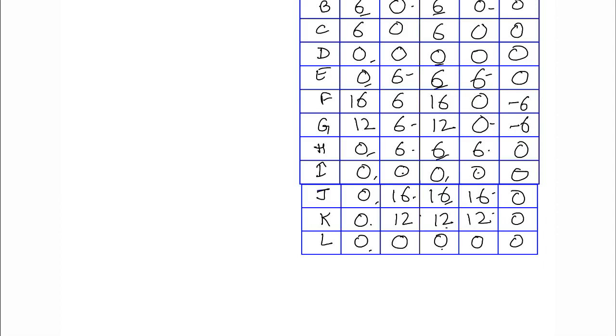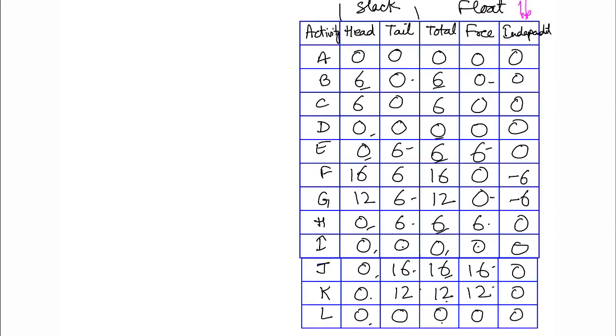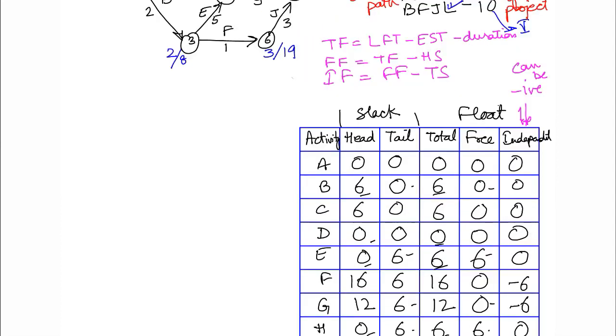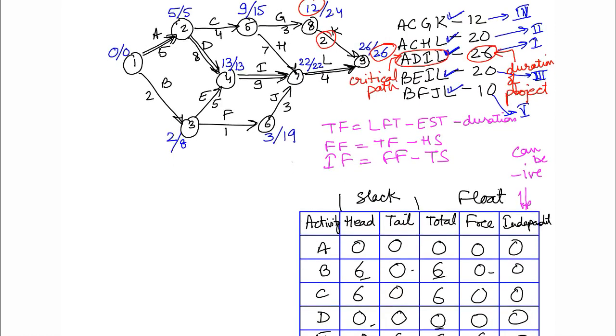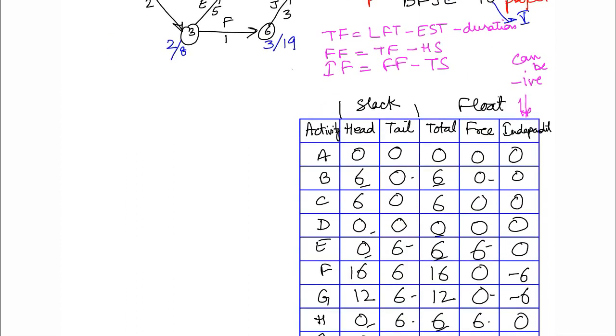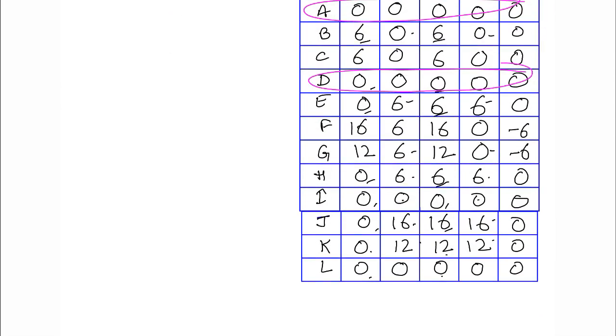So these are our slacks and floats. Now, what were our critical activities? They were A, D, I, L. Let me check. A, D, I, L. Have a look at all these activities.